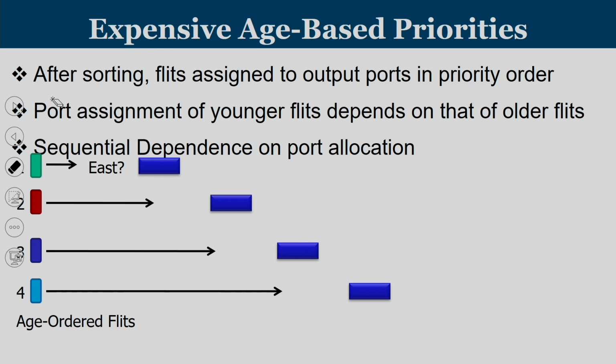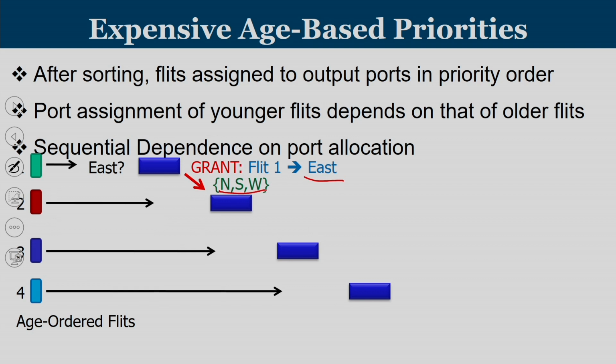Since it is the highest priority flit, the green flit is going to get east. So it's granted. Now we have the second flit, which is red. Since east has already been assigned, we are left with only north, south and west. That is what is shown there.